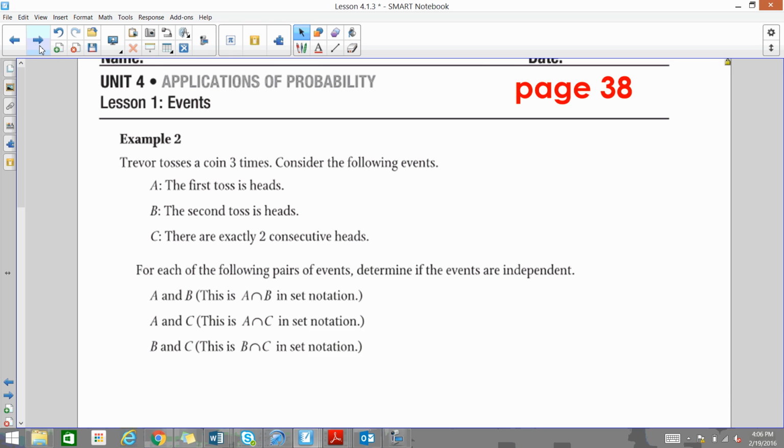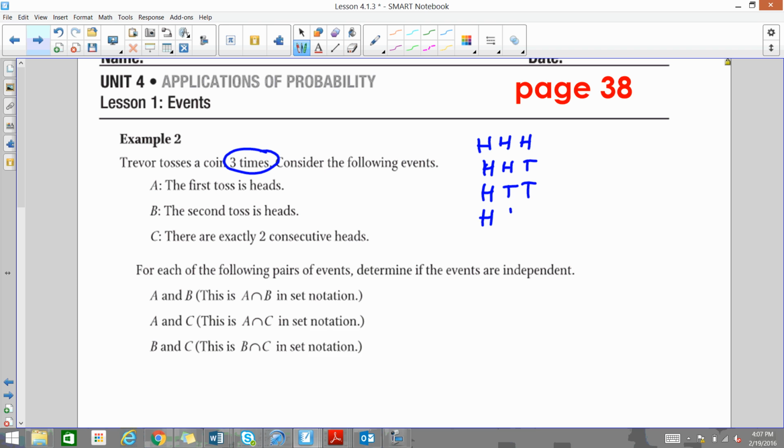Example 2 says Trevor tosses a coin 3 times. Consider the following events. Right away, as soon as I see this, I am going to draw out my sample space. You toss a coin 3 times, so you can get heads, heads, heads; heads, heads, tails; heads, tails, tails; and heads, tails, heads.